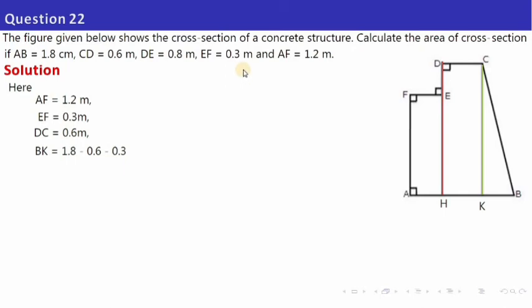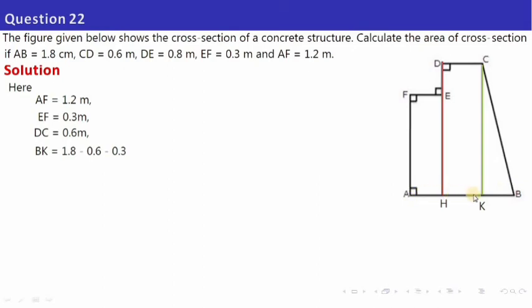Let's see what other things are given to us. AB is given, right? So from here to here is given to be 1.8. Now my question is, from here to here is how much?